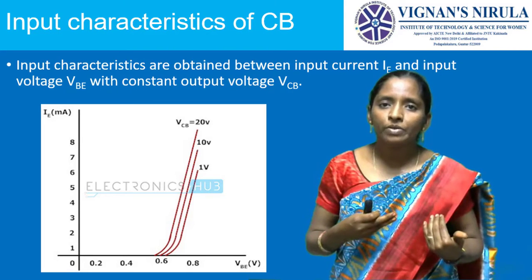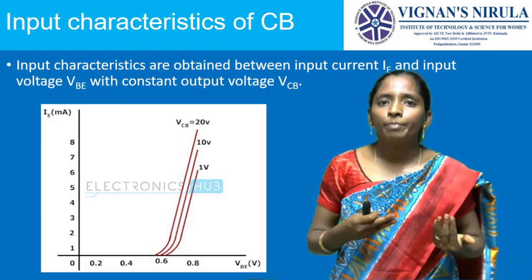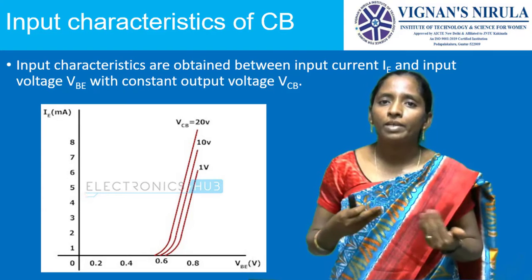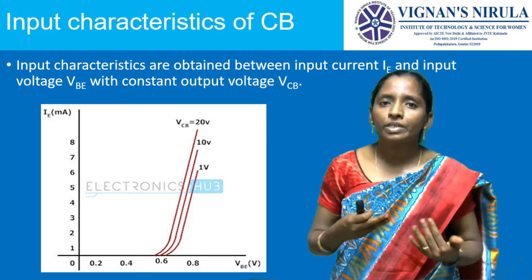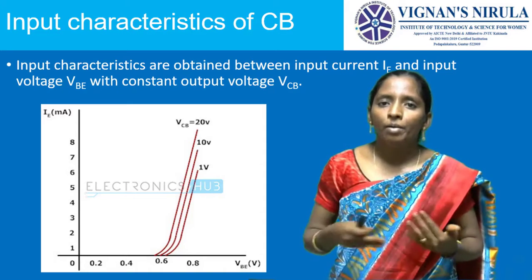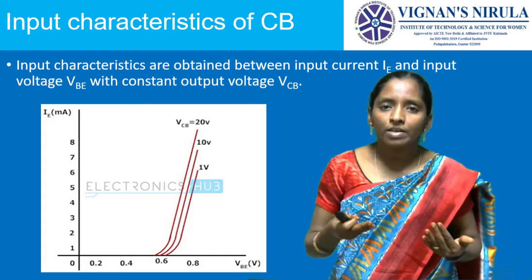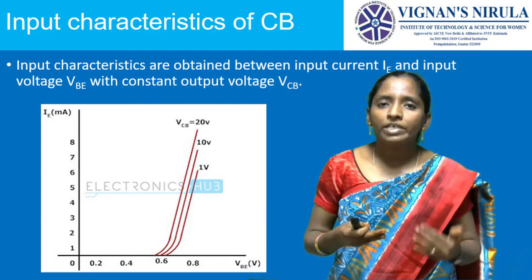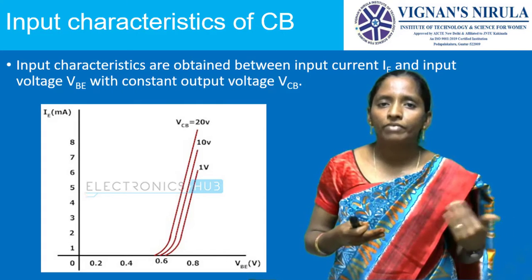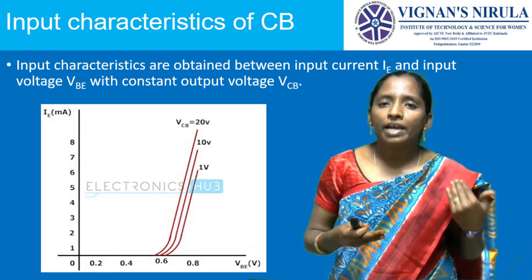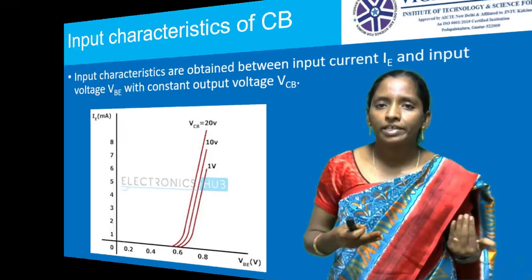If IB is reducing, IE is increasing, since IE equals IB plus IC. So IB is reducing means IE or IC is increasing. So that's why for higher values of VCB, the curve is shifted to the left side. That means the IE value is increasing.